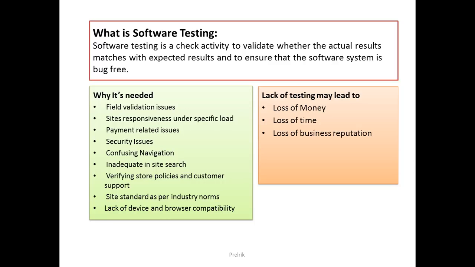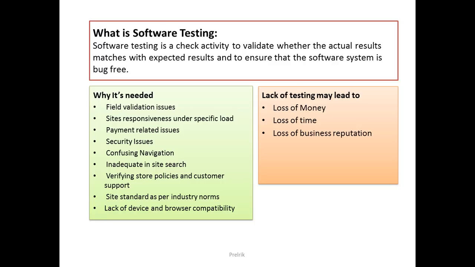So field validation issues: you're signing up on any website, and in the age column you put a value like 200, and you put integer values in the name field. This is something your form should detect at the client level, which is called field validation.